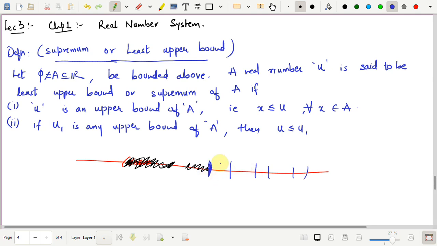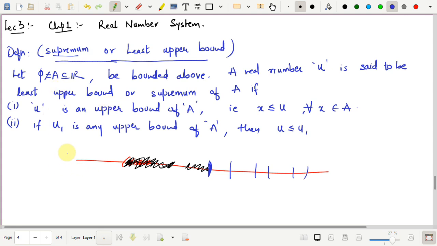The set of upper bounds keeps on increasing, so we choose the least among them, and that is the unique upper bound. We call it the supremum, or the least upper bound, as the name suggests.